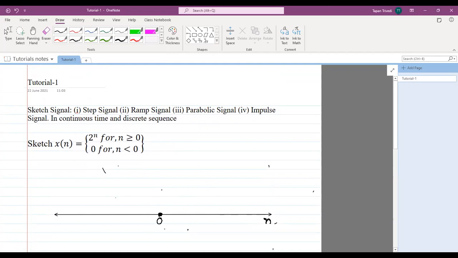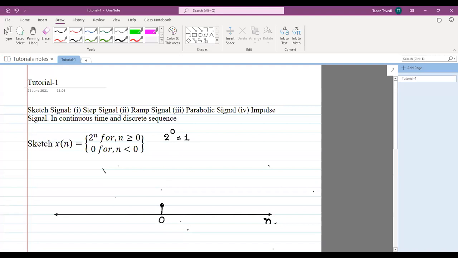At 0, okay. So we will start at 0. Now what is 2 raised to 0? So 2 raised to 0 is equal to 1. So I will draw 1 here.